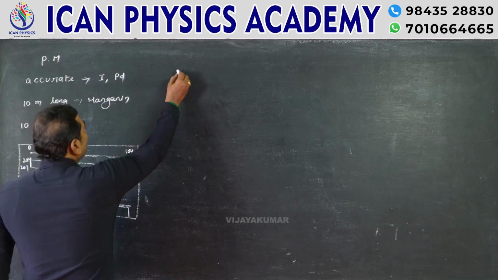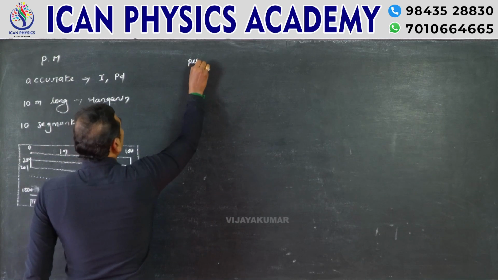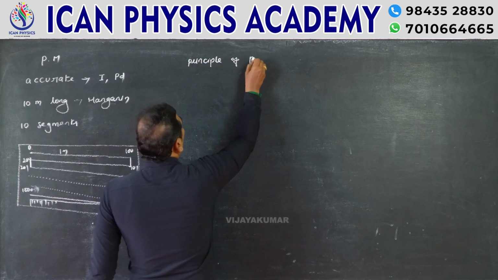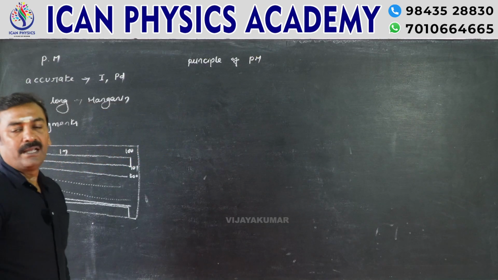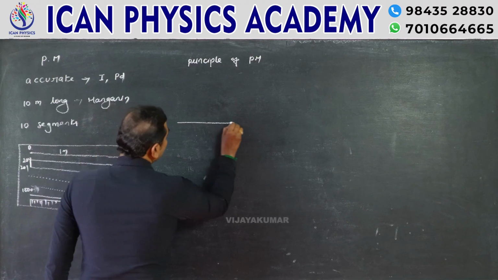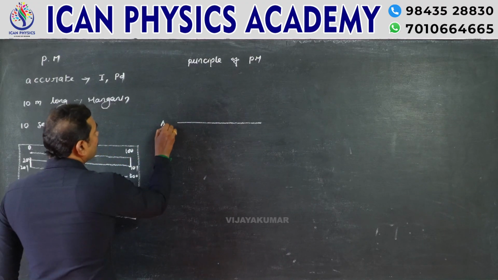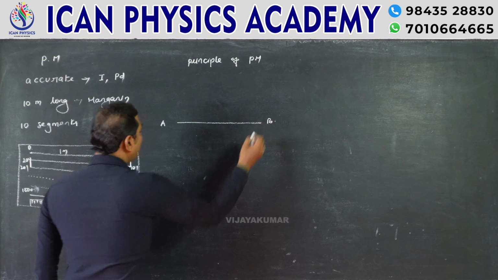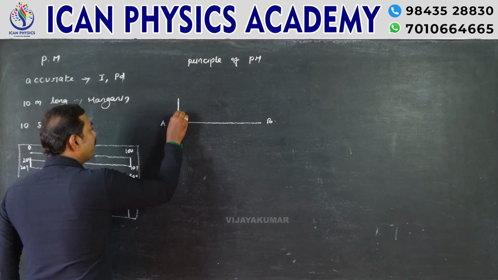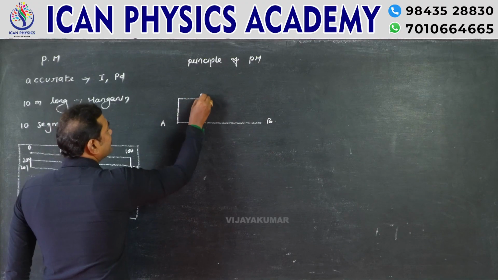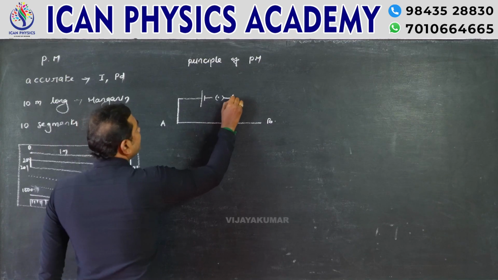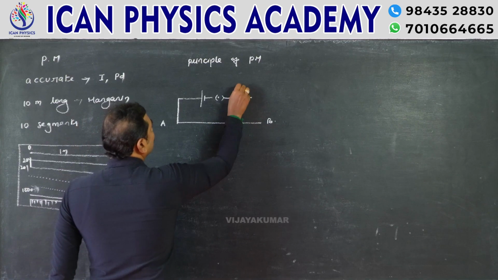So this is the potentiometer. What is the principle of the potentiometer? What is the symbol? A straight line marked as A and B is the potentiometer. Now the terminal A is connected with the battery, the battery is connected with the key, and the key is connected with a rheostat.